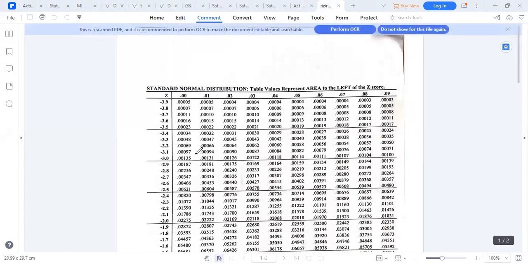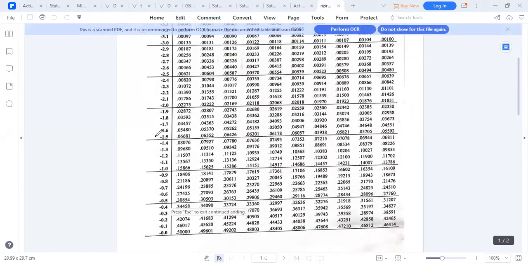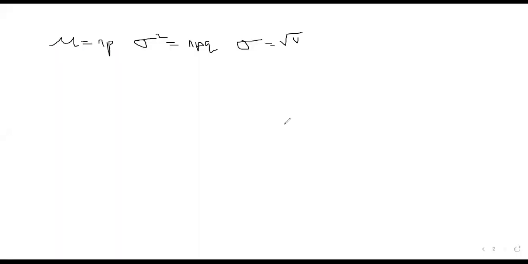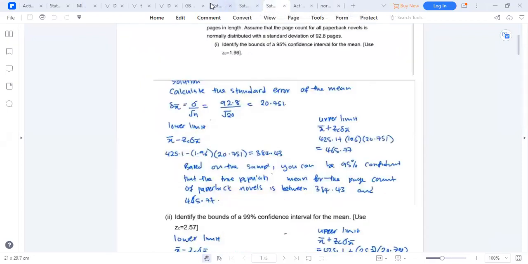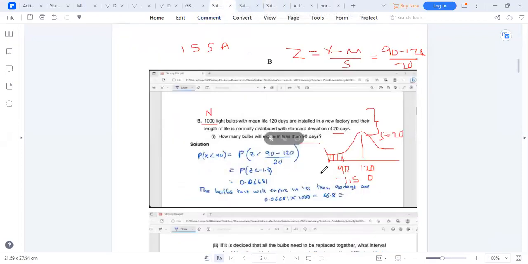So negative 1.5, somewhere here, under 0, the reading is 0.06681. So the reading from here to here is 0.06681. You don't need to subtract from 1. So that's the probability that we are going to have here.